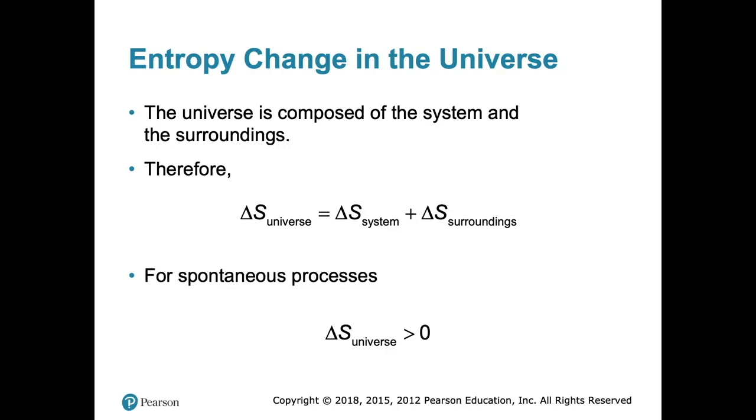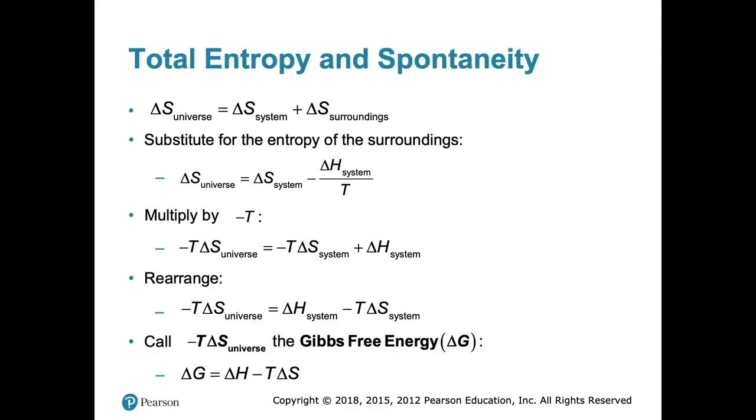For a spontaneous process, we've already made this clear, the change in entropy for the universe is greater than zero. All of that is to bring you to this point here. We have this equation that I just showed you in the last slide. We make a substitution for the entropy of the surroundings with the delta H system divided by the temperature, which you saw two slides ago.